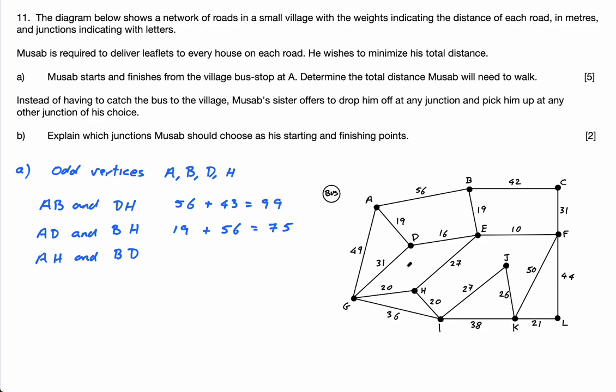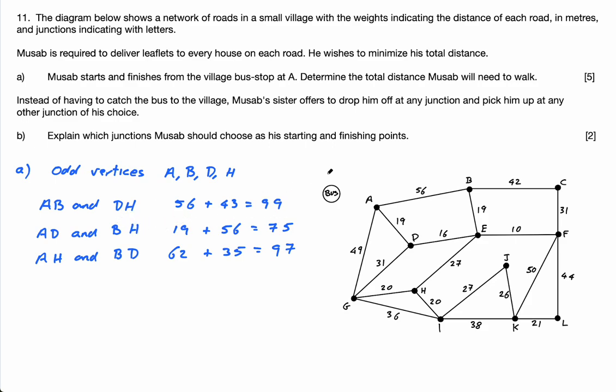No, this is quicker. 62. So it'd be 62 plus, and then the BD is 19 plus 16, which is 35. This is equal to 97. So yeah, I was right. It is this one. It's AD and BH.